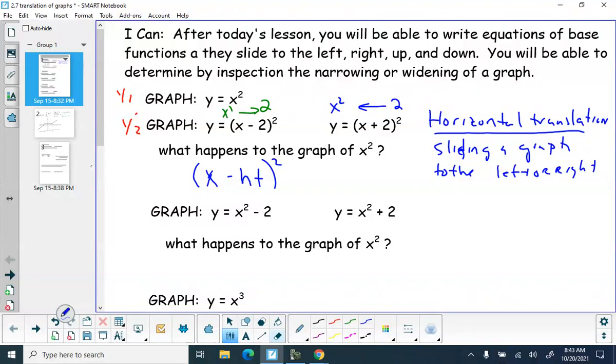So what is being subtracted from our x value? What is being subtracted from our x value is our horizontal translation. Very similar to when you were in trig class and we were talking about the horizontal phase shift. It was a slide of the graph to the left to the right. What is the value that's being subtracted from our variable?